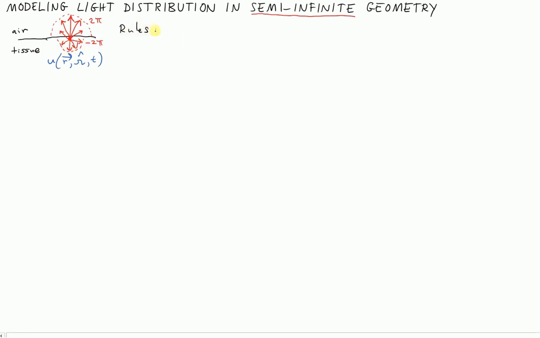Well, the first rule isn't about the upward and lower half. The first rule is just about the fact that we always have to model u in the diffusion approximation as this distribution being an isotropic term plus a cosine dependent term. So we're writing something always as a capital U, and a capital F for flux. And there's a relationship between the flux and the energy distribution. And I'll just remind you what that is.